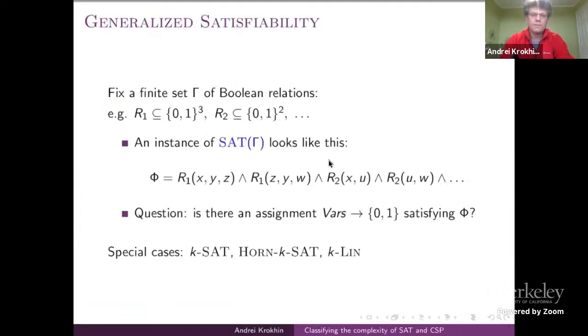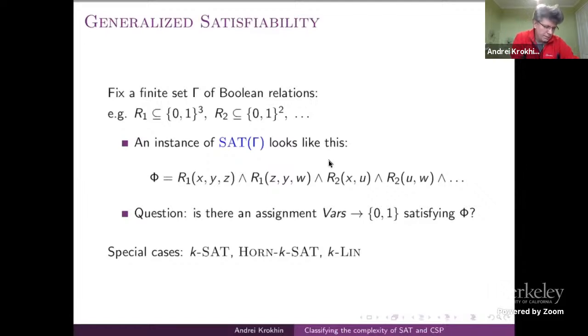Of course, I will start from where it all began, from Schaefer's paper, 1978, where he looked at generalized satisfiability problems. So they're just like SAT, but instead of clauses, you use relations, Boolean relations of specified arity. So if your gamma contains some relations, say R1 is a ternary relation, R2 is a binary relation, and so on, then an instance of SAT gamma looks like this.